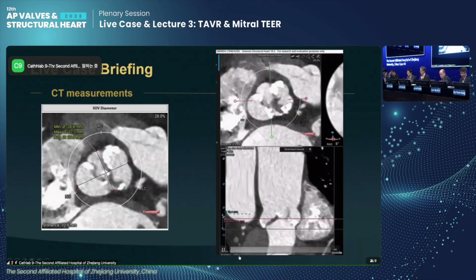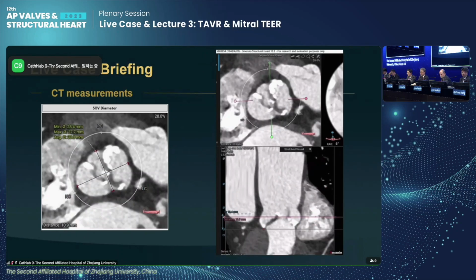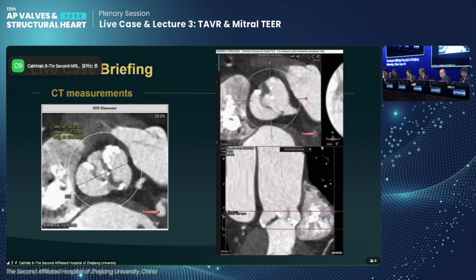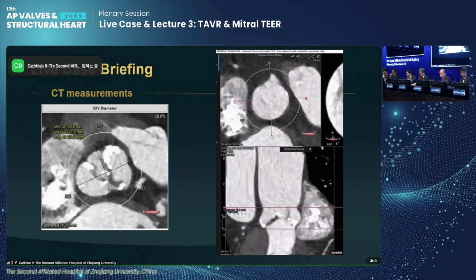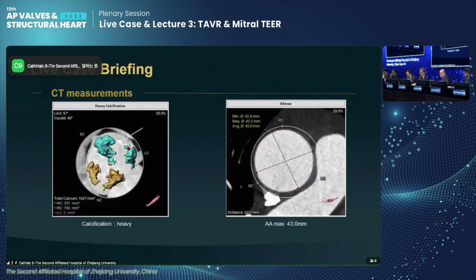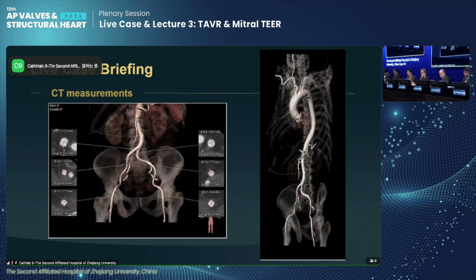We can see a raphe in the left coronary and right coronary, so we define it as type 1 bicuspid, with very severe calcification. Here you can see the heavy calcification, and the ascending aorta diameter is about 43 millimeters. And the femoral access is good.